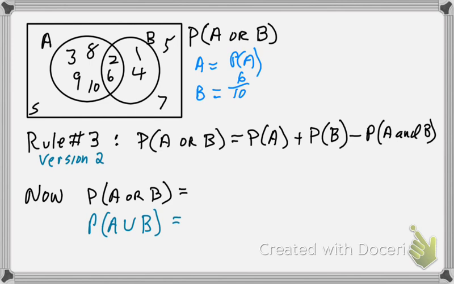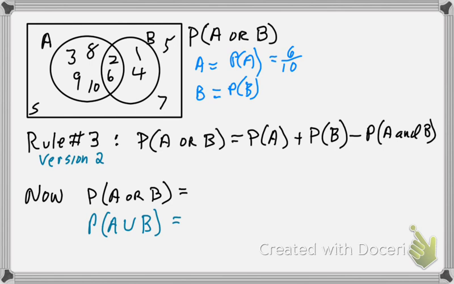So probability A would be what? I wrote it in the wrong place, didn't I? Six out of 10. How about B? How many things in B? 4.